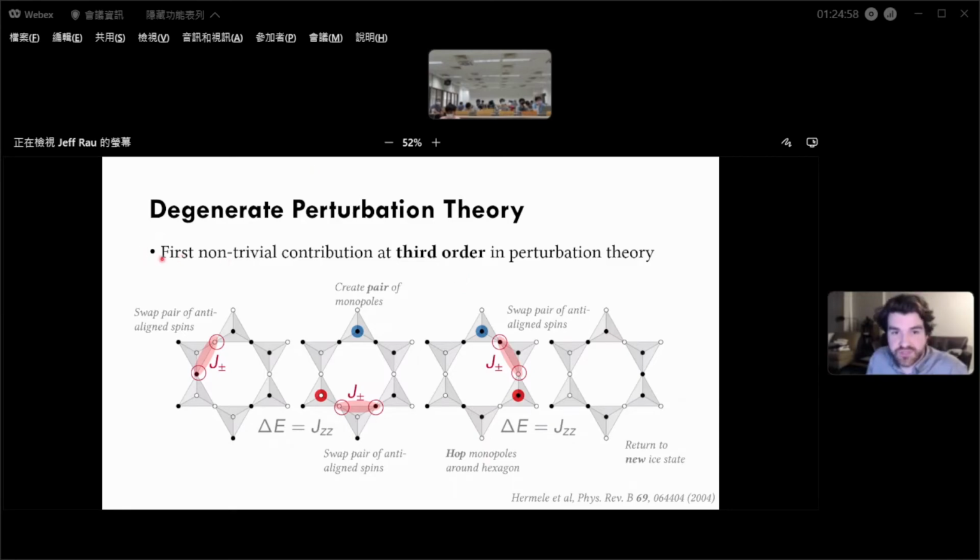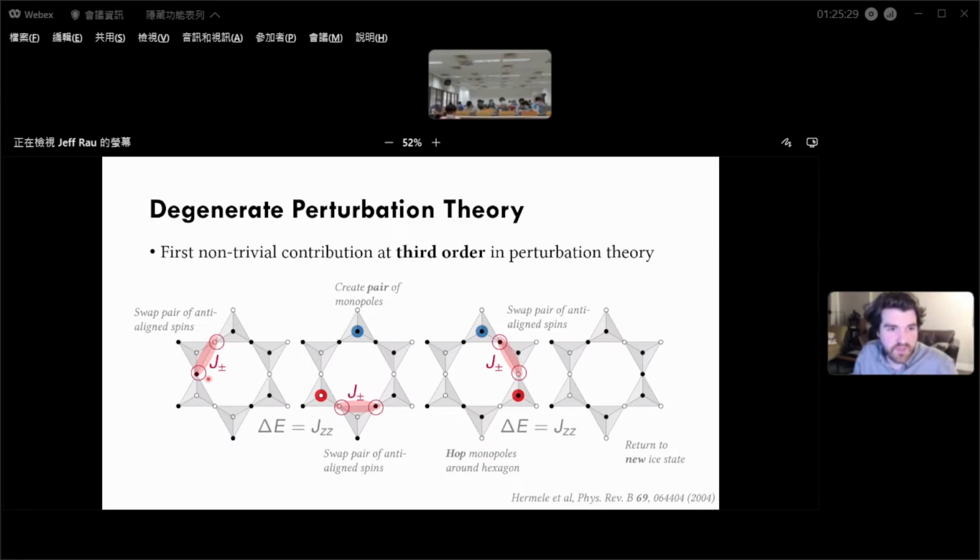So for this transverse exchange, the first non-trivial contribution appears actually at third order in perturbation theory. The process looks something like this. You take some ice state, and I've grabbed some chunk of this pyrochlore lattice. Here we're looking down one of these spin directions. If you look at these solid or open or filled circles, these satisfy the ice rules: two in, two out on all these tetrahedra.